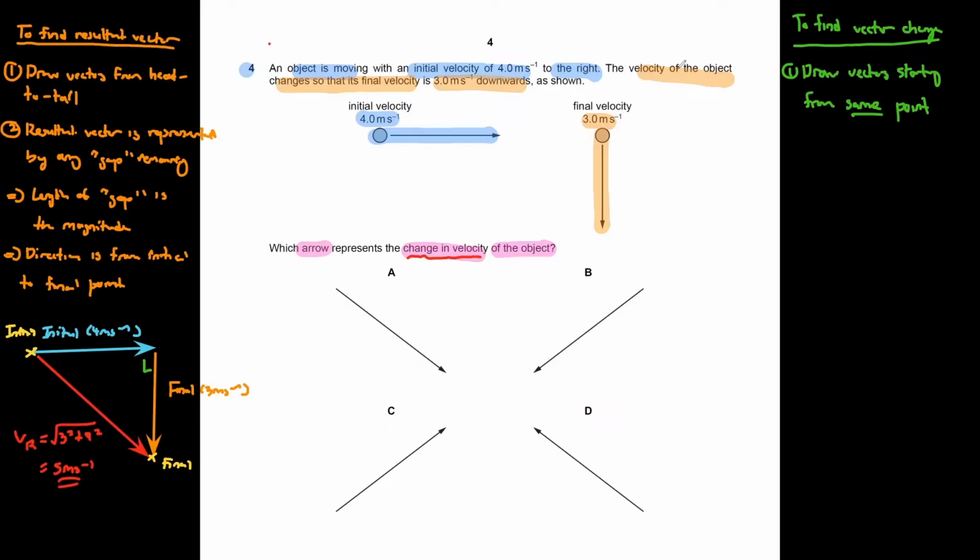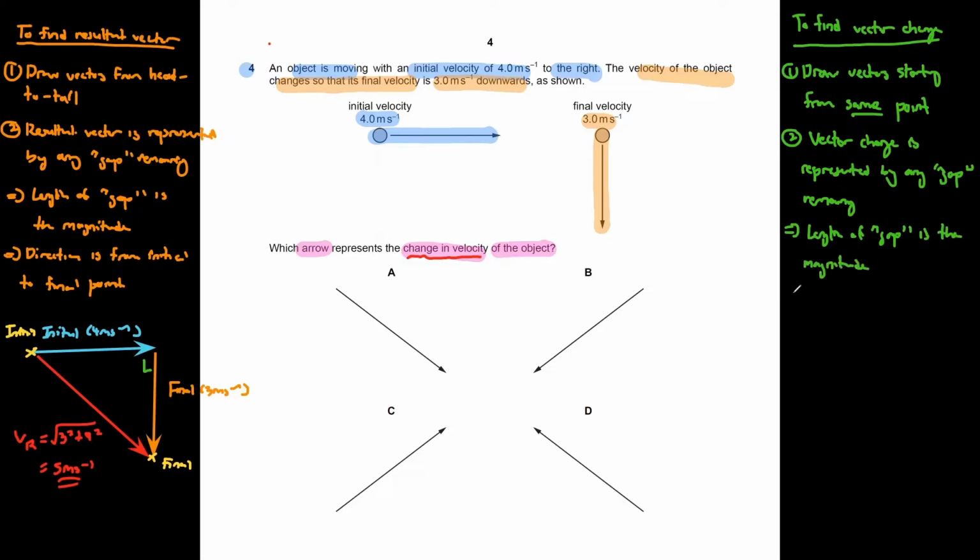So after you've drawn the vectors starting from the same point, the vector change is represented by any gap remaining, where in our case, the length of the gap is the magnitude of the vector change. And then after that, the direction of the vector change is from the initial to final vector.